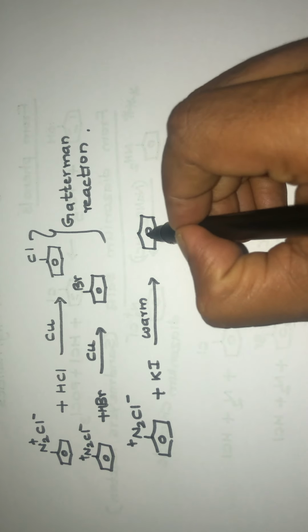You get the corresponding iodobenzene. This is the method of preparation of haloarenes from phenols as well as diazonium salts. A very important method this is right now.